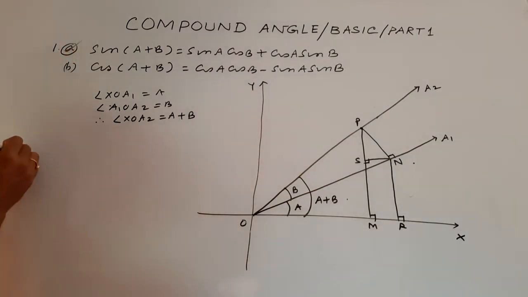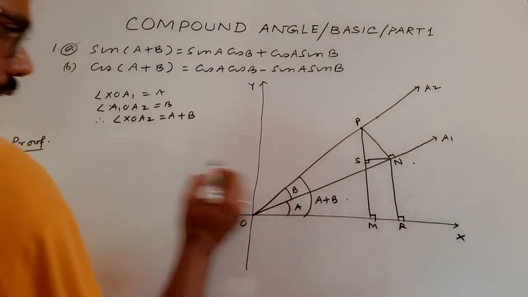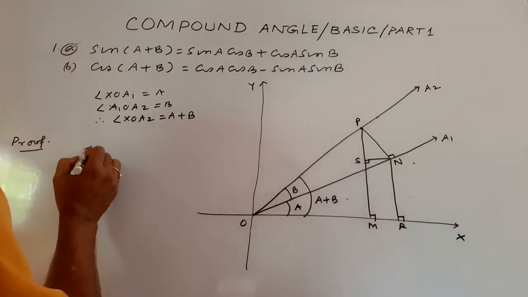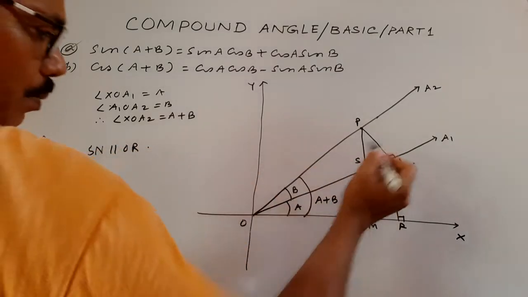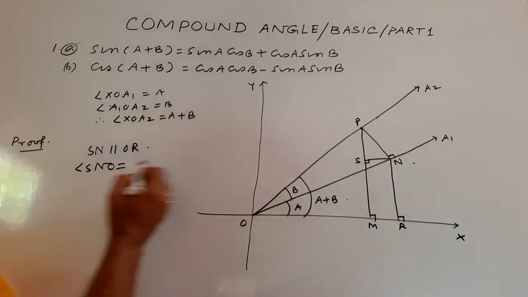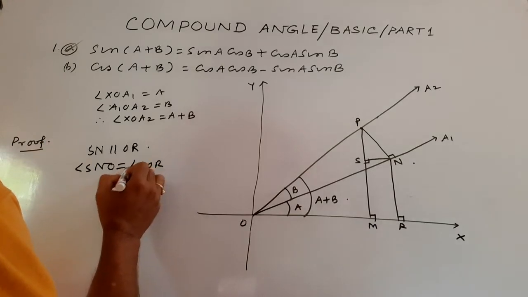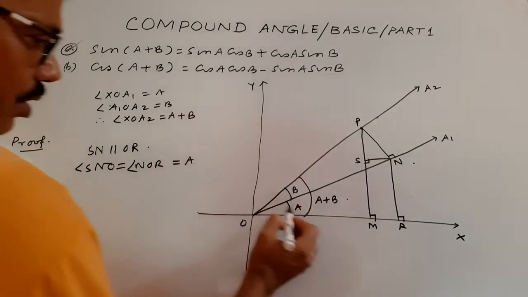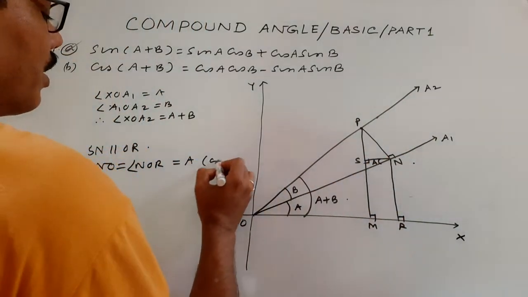Now proof. Now look, SN is parallel to OR, therefore angle SNO equals NOR equals A. This is A, alternate angle.